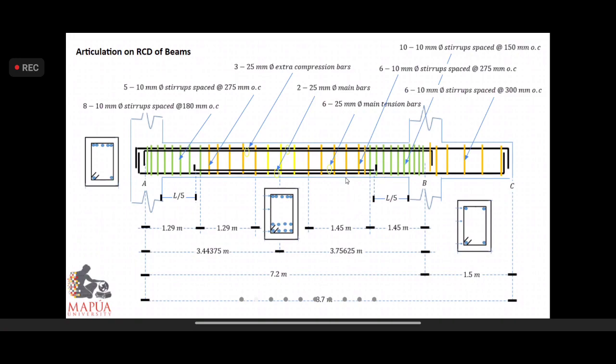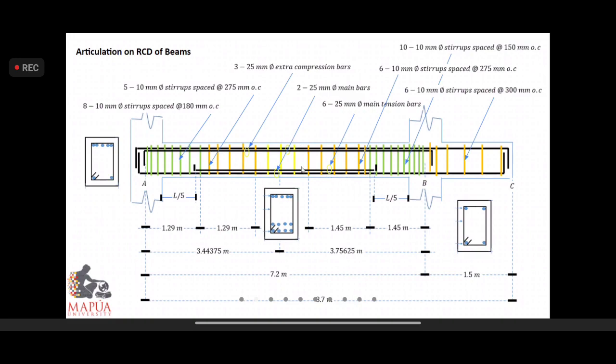And then for the second intermediate, naalala ninyo na 275 yon, on center. So mag-start lang dito, 1.45 divided by 275. Pwede mong i-maintain yung 275 dito. Yan, 275, yan 275. Basta pasinsin papunta doon sa proximity of the support.